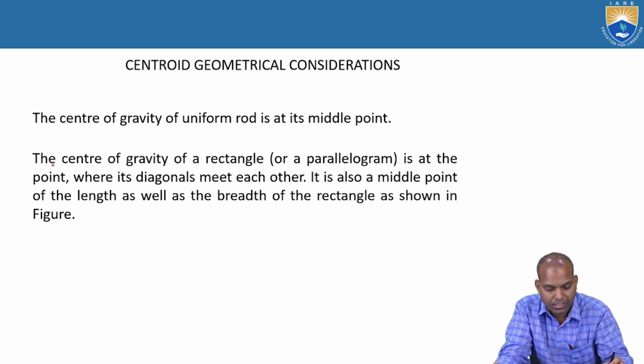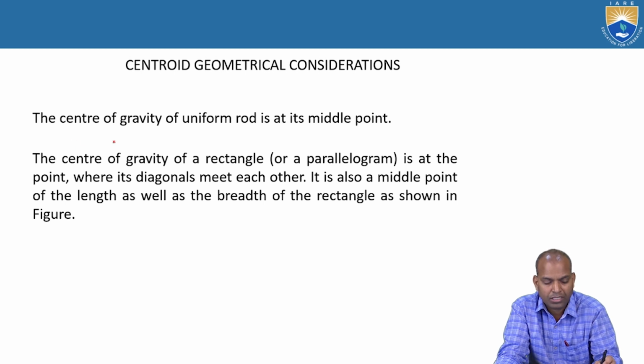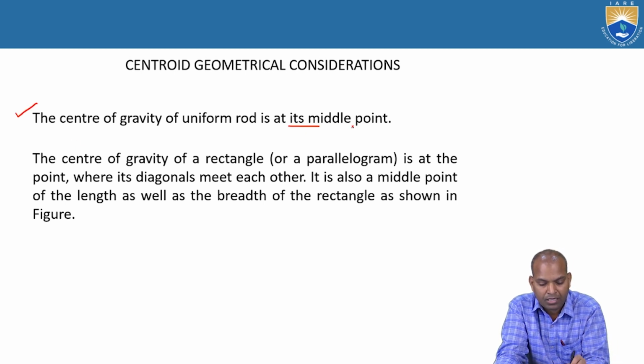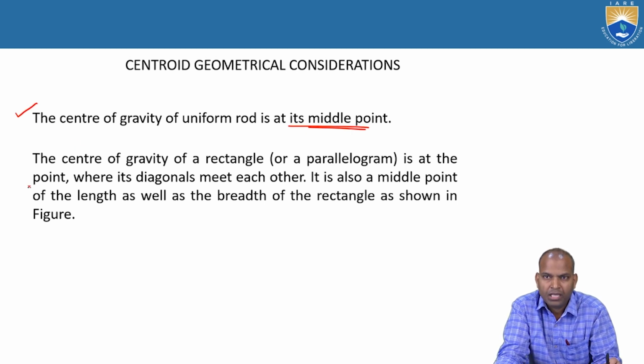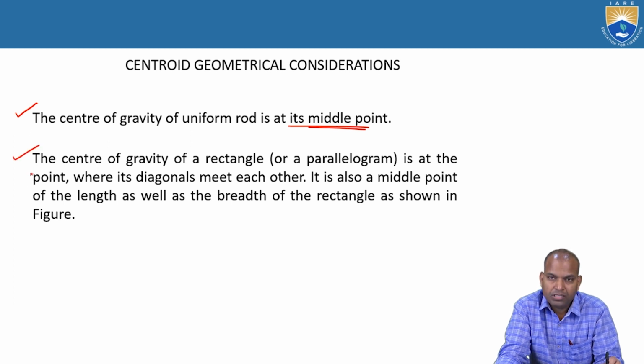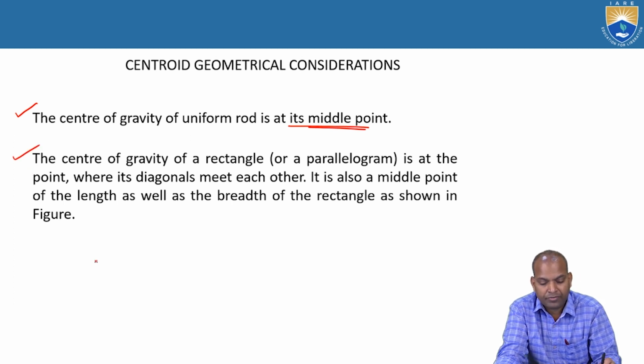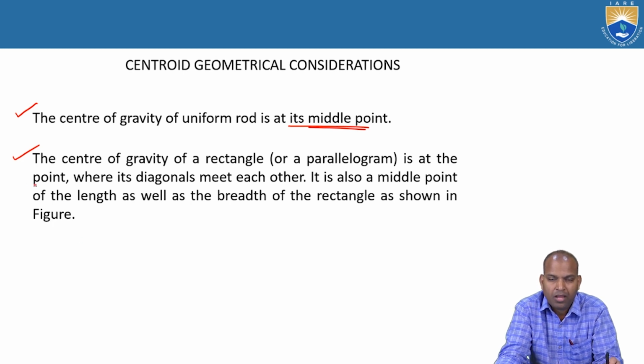Now, the centroid or center of gravity, the CG of a uniform rod, is at its middle point. And the center of gravity of a rectangle or parallelogram is at the point where its diagonals meet each other. It is also the middle point of the length as well as the breadth of the rectangle.